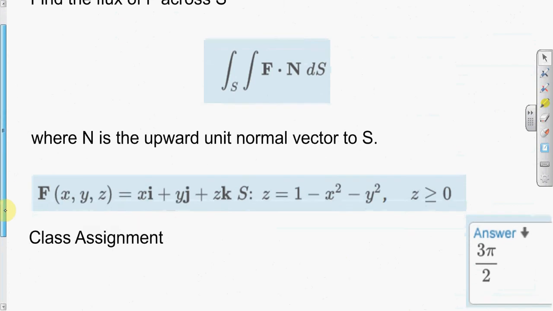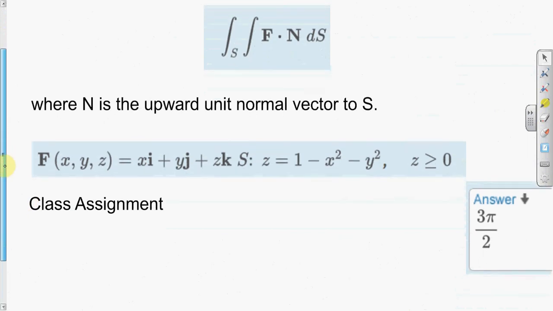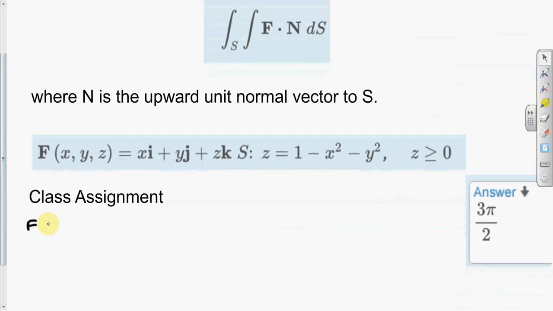Well, let's see if I can work it. I'll work up to 10. If I don't finish, you can finish the rest. Okay. So capital F is xi plus yj plus z, but z is 1 minus x squared minus y squared times k.